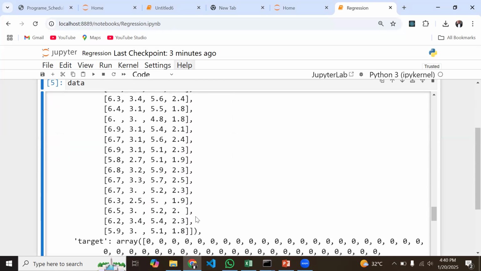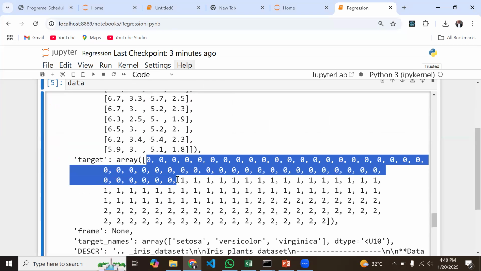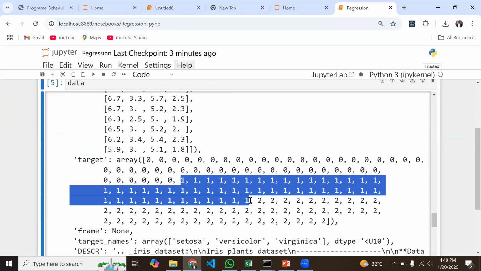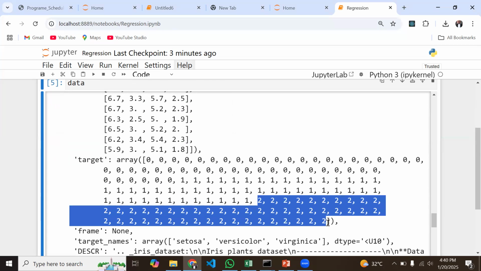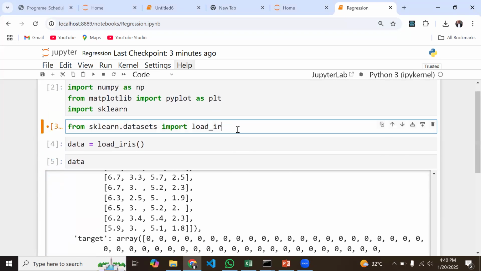And then when we come down to the target, we see that we have zeros representing one class, then all the ones over here representing another class, then all the twos also representing another class. So these were some of the reasons that informed us to use the decision tree classifier for the classification task.